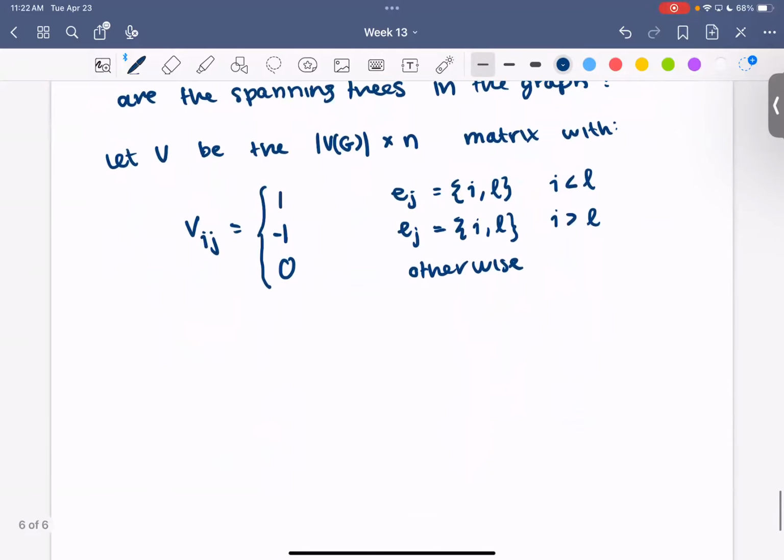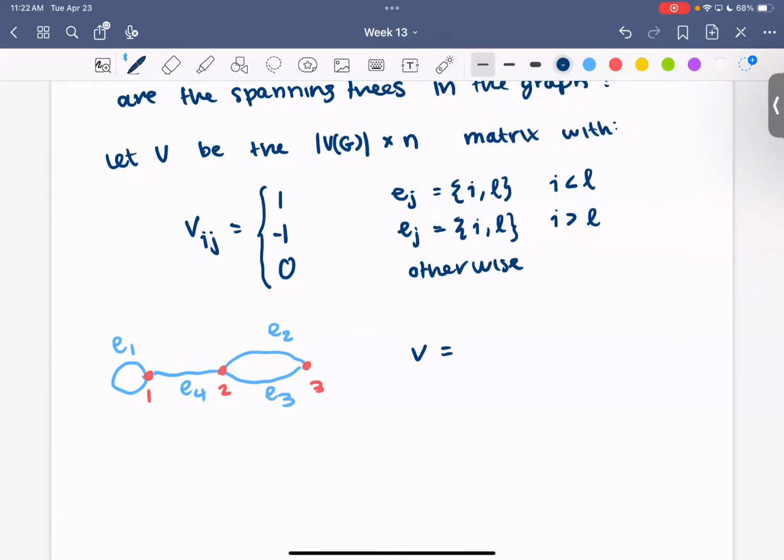Okay, so going back to our example graph, if this is E1, E4, E2, E3, then my matrix V, and let me just number the vertices as well, 1, 2, 3.